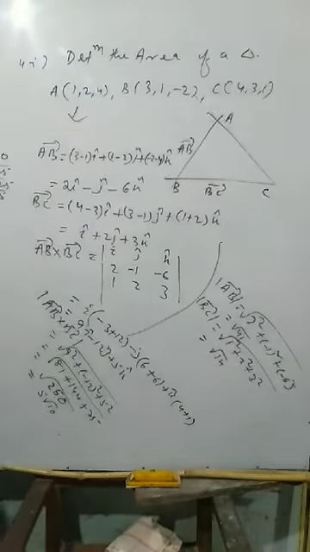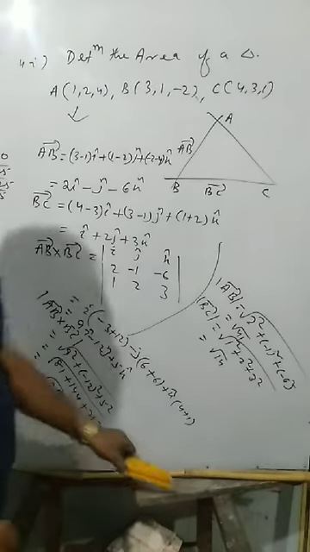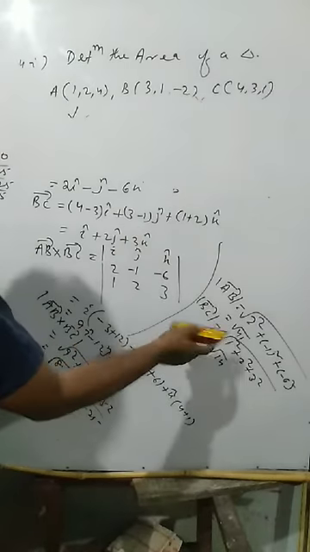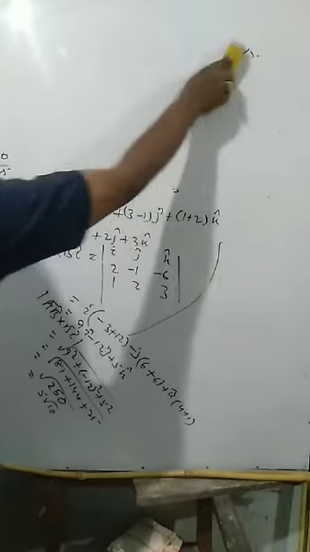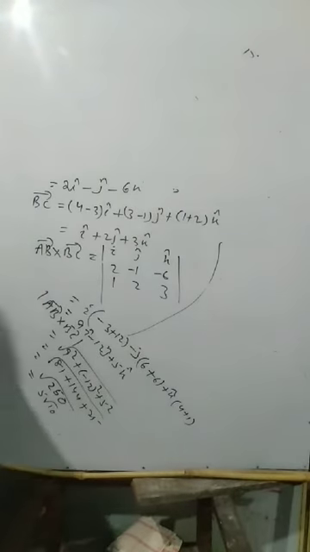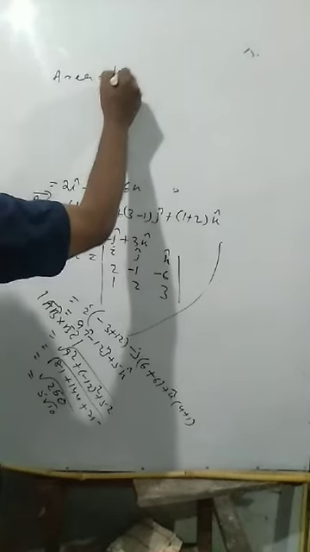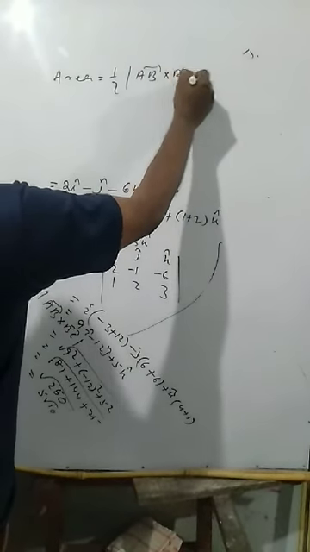So now I apply the formula. What formula do you have to apply? The area formula. For the area formula these magnitudes are not necessary; you should not find them. Area of the triangle equals half into the magnitude of AB cross BC.